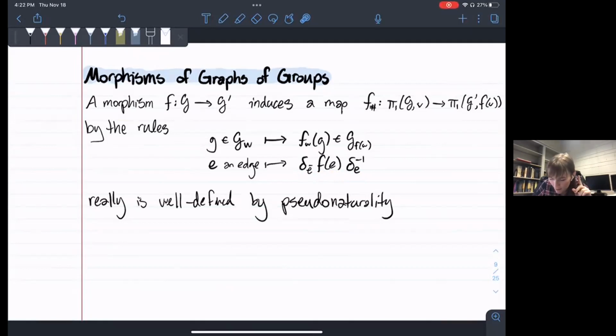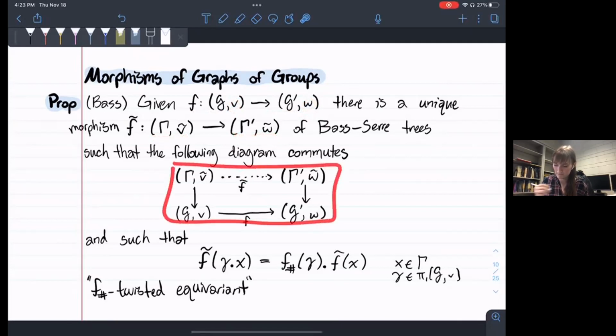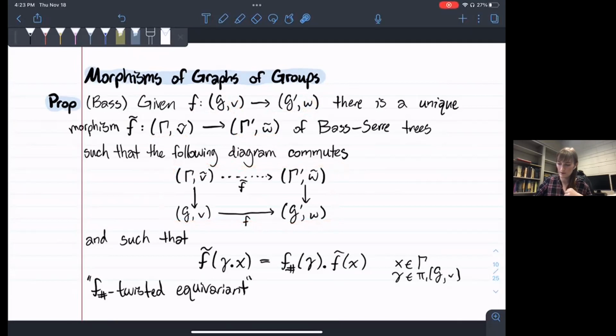But Bass shows it gives us more than just a map on the fundamental group. Given a morphism of graphs of groups F, taking a base point V to a base point W, there's a unique morphism of Bass-Serre trees such that the following diagram commutes. If I do the natural projection and then the morphism of graphs of groups, or do the morphism of trees and then the natural projection, I get the same thing.